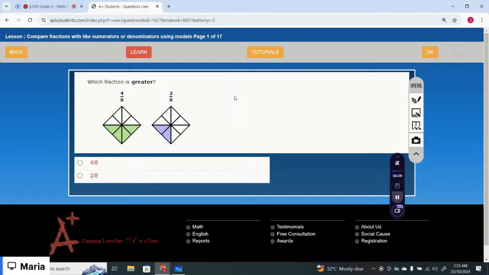The one that has the more portion colored is greater. So 4 by 8 is greater than 2 by 8. 4 by 8 is more. The question is you have to see which fraction is more. So 4 over 8 is more, right? The correct option is 4 by 8.